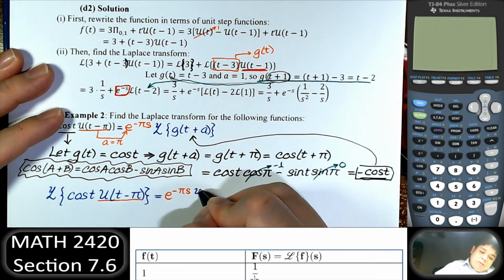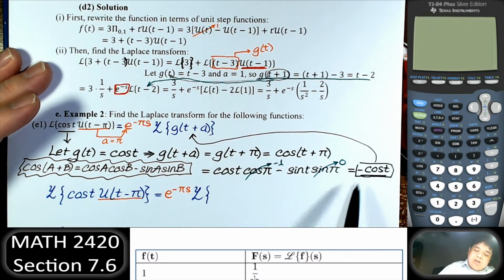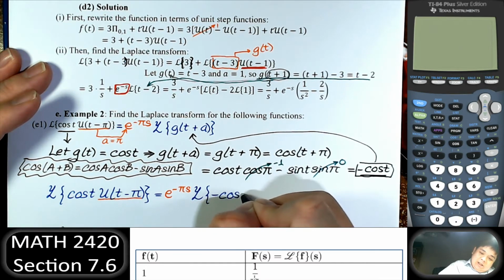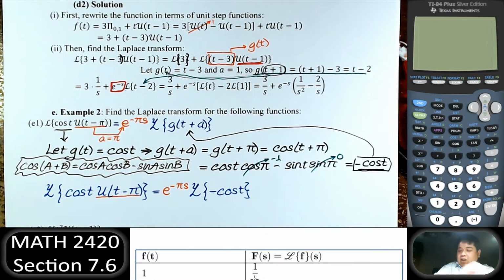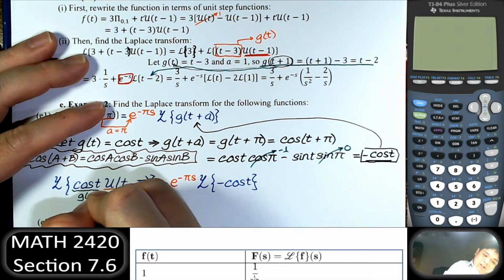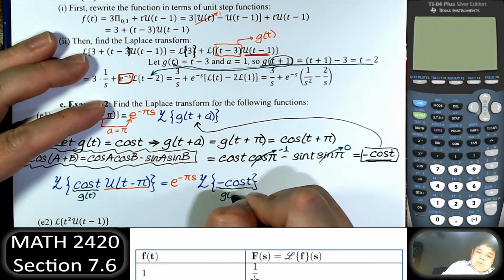Laplace transform of g of t plus a, which is negative cosine t. Right, so that's a lot easier. So once again, this will be g of t, and this will be g of t plus a.